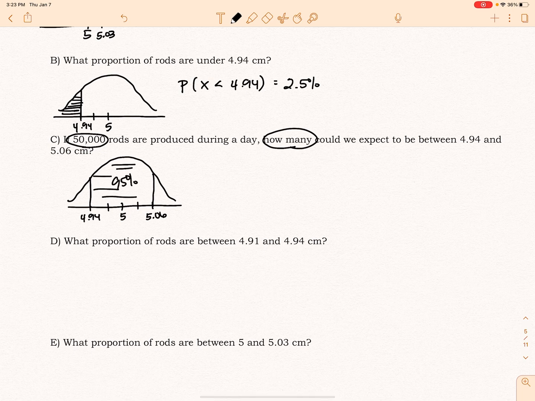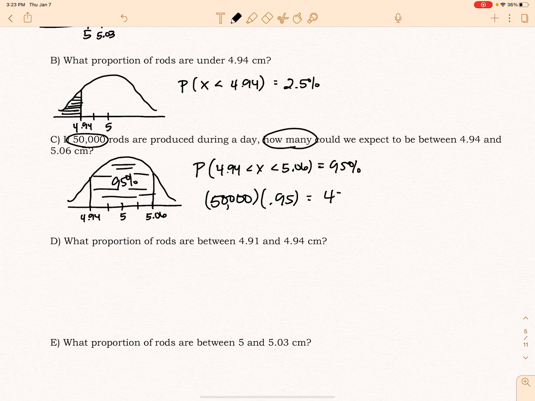So we're used to that. I want the probability between those, which I already found, 95%. So I am going to multiply 50,000 by 0.95, and I get 47,500. That's how many I would expect.